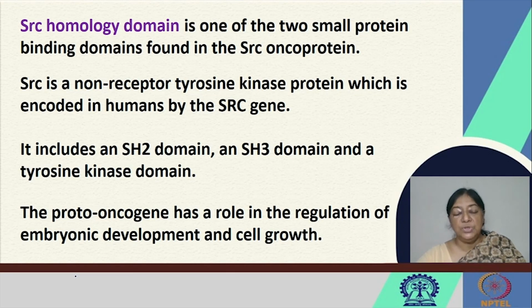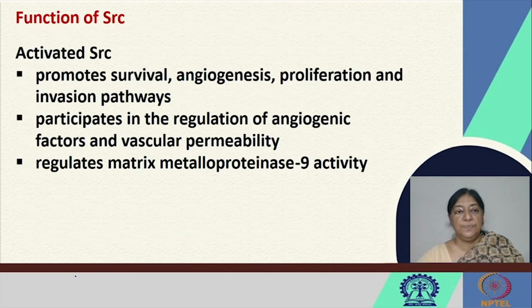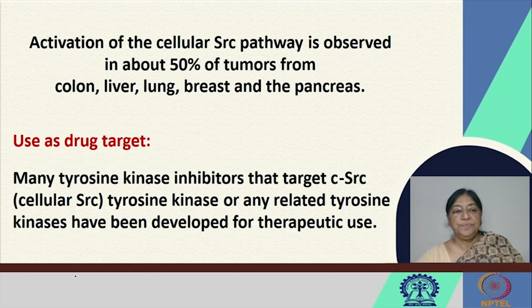The proto-oncogene has an important role in the regulation of embryonic development as well as cell growth. When Src is activated, it promotes survival, angiogenesis, proliferation, and invasion pathways. It participates in the regulation of angiogenic factors and vascular permeability and regulates the activities of many proteins, including MMP9 activity.